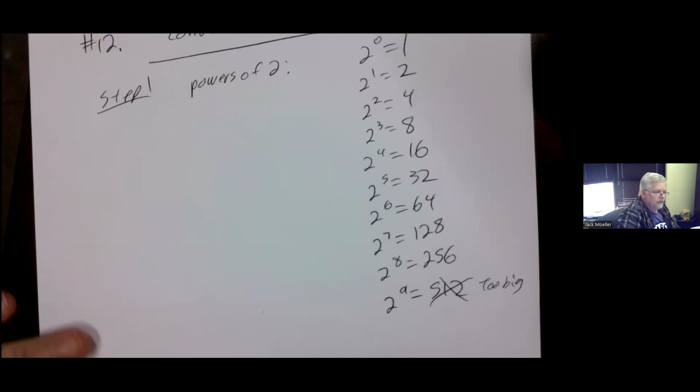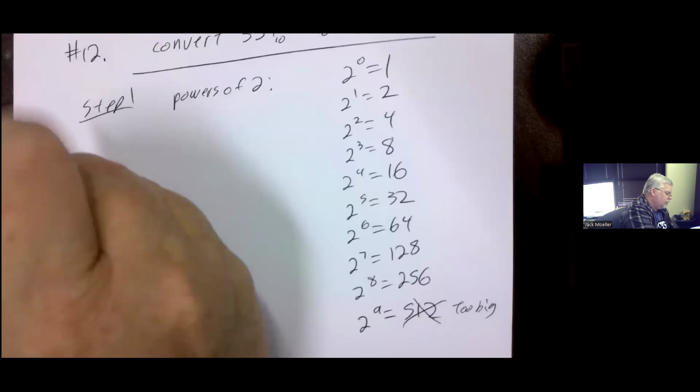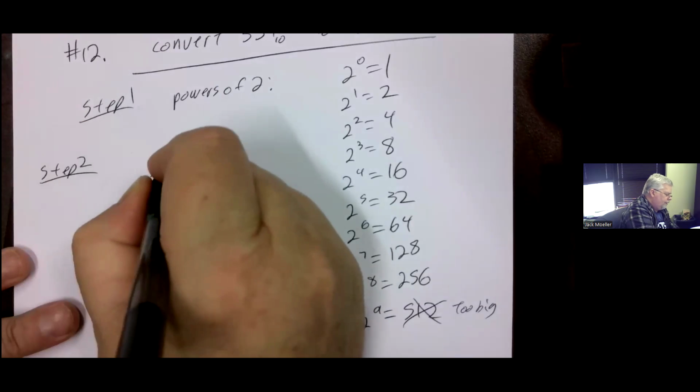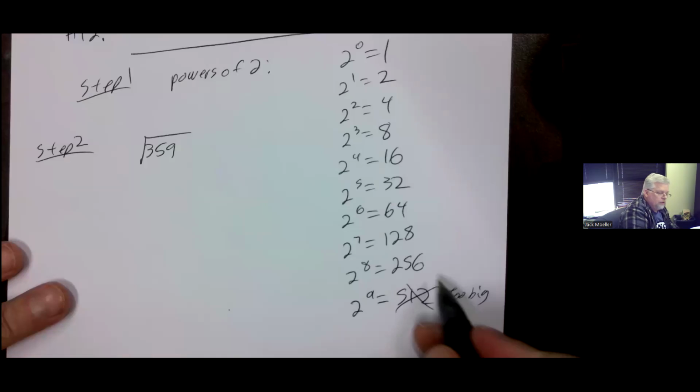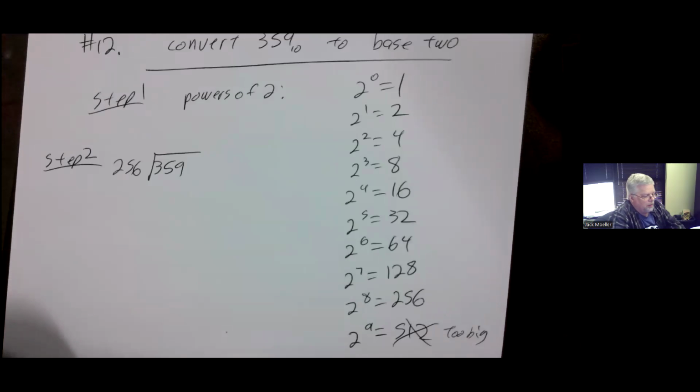So where do we start? Always start with your biggest one that's not too big. So we're going to take 359 and divide it by 256. How many times does that go in there? The nice thing about binary is we're only dealing with zeros and ones, so this is only going to go in 0 or 1 time.